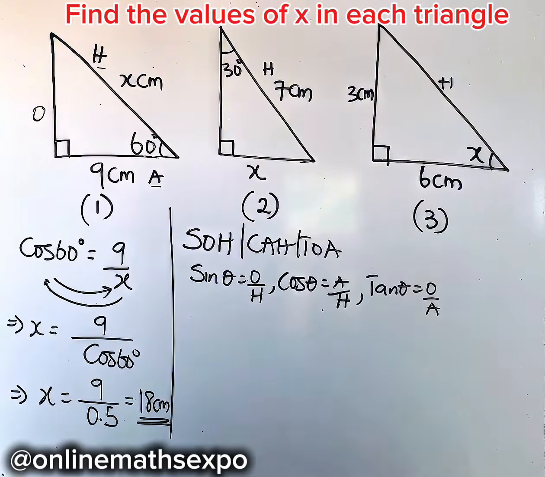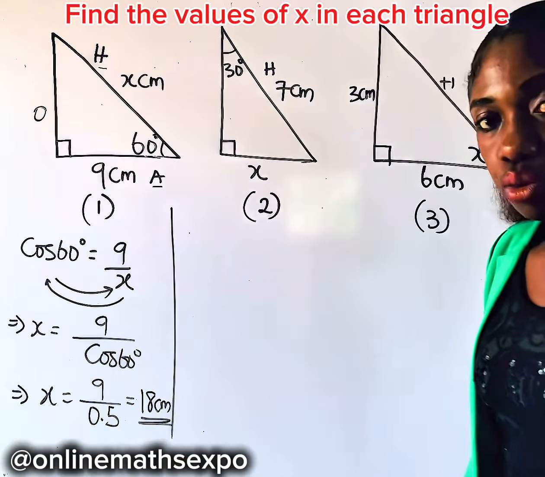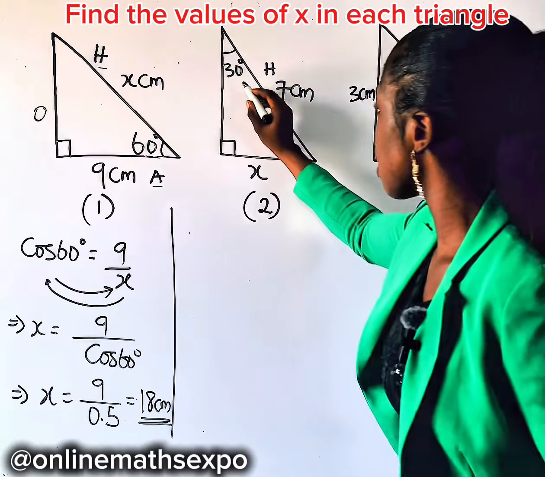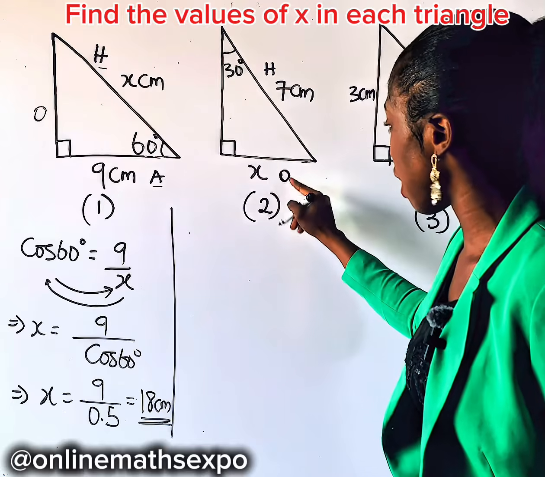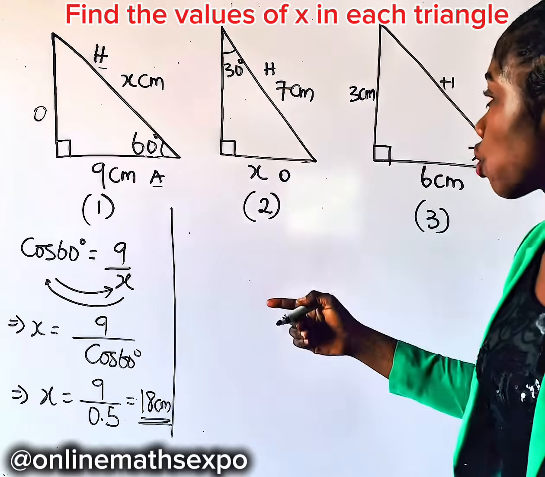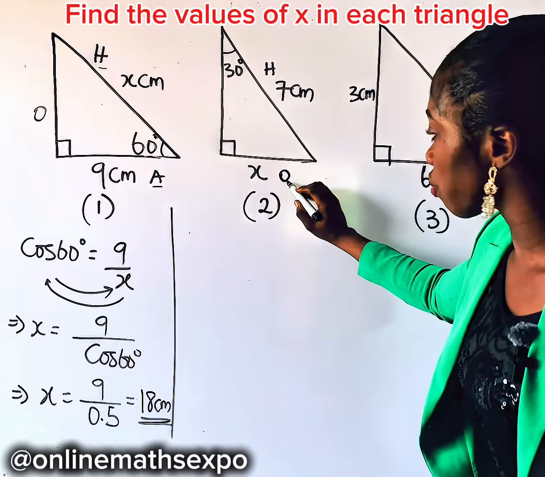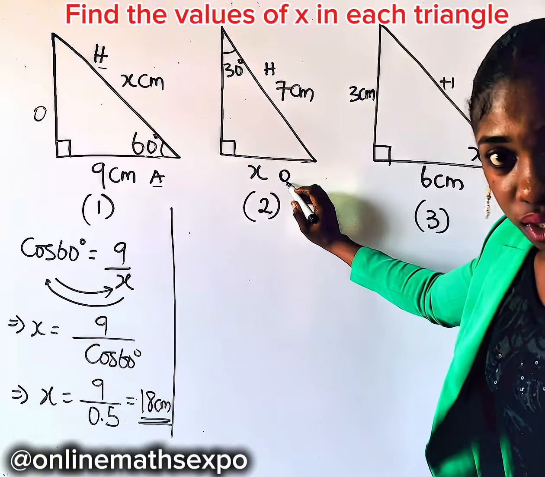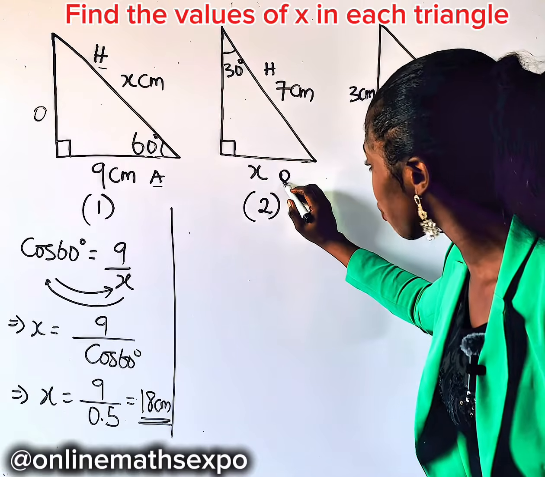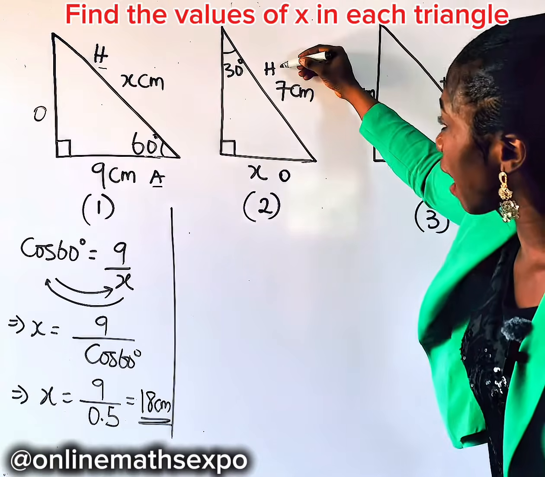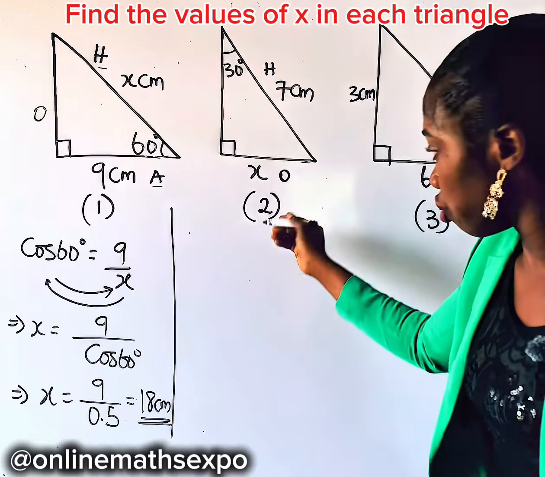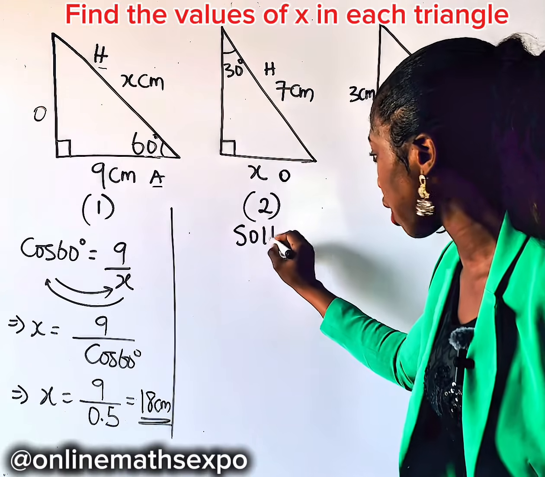Now let's take question 2. For diagram 2, what do we have? This is the opposite side as we have agreed. This is the hypotenuse. So you are asked to find this x, and that is the opposite, and you have the hypotenuse. What do you use? Just use your SOH.